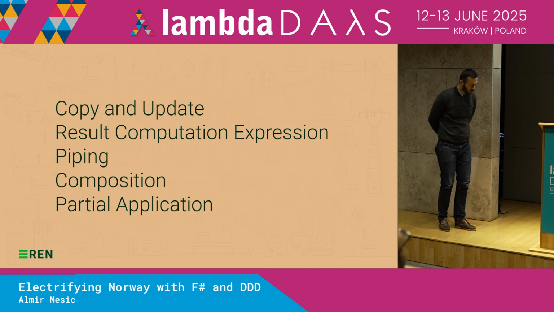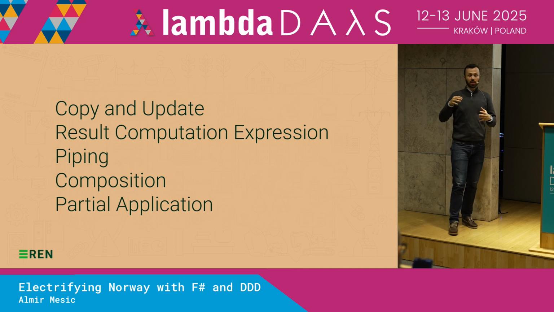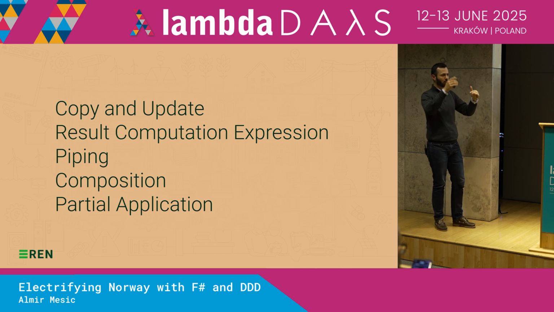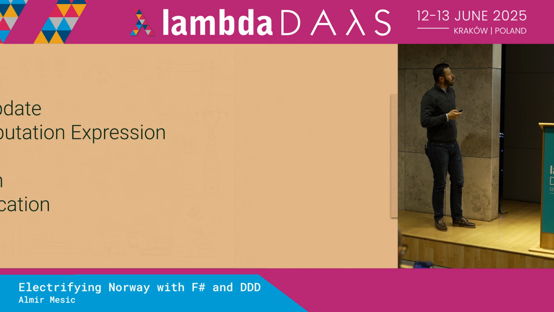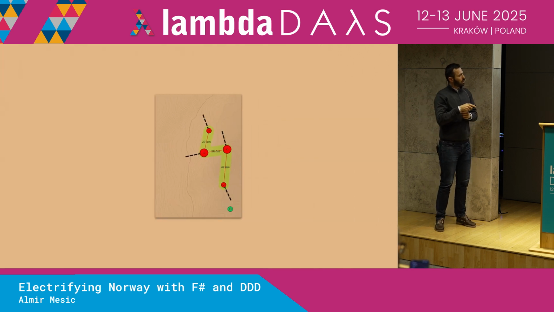Now I'm going to showcase something a bit more complex. It's a fairly small code snippet, but it showcases all the power F# has with just this terse yet very readable code. When a user places out the pole, they also place out the stay wires.